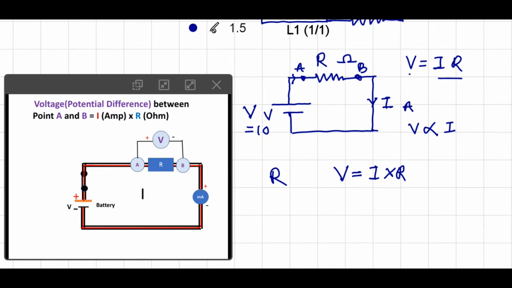Now an important thing to note: whenever we study an electrical circuit, remember that the conventional current direction which we consider is always from battery positive to battery negative. That means in this case it is in a clockwise direction.